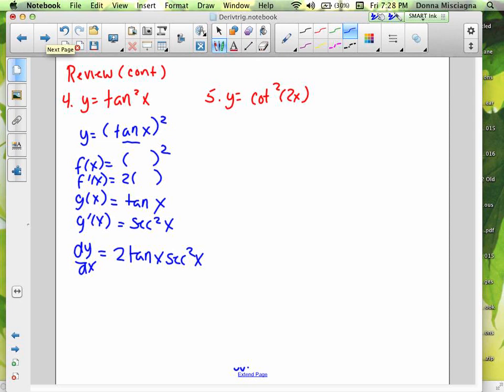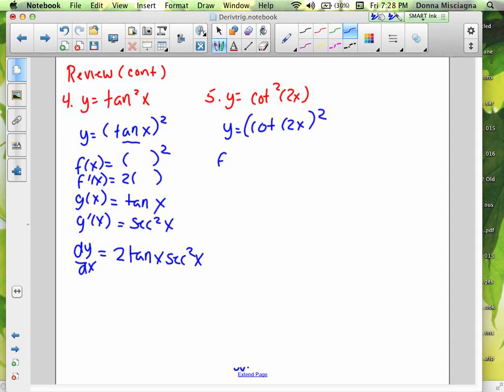And now we have a very similar problem here, except this will involve 2 chains instead of just 1. So I'm going to rewrite that so we can think of this as cotangent 2x all squared, right?